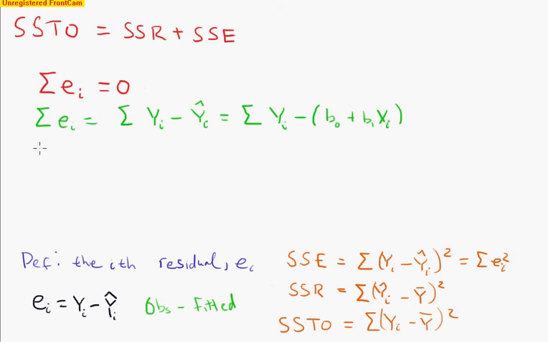So let's say this is equal to the sum of y_i minus b naught, which is y bar minus b1 x bar, and the sum is all still outside here.